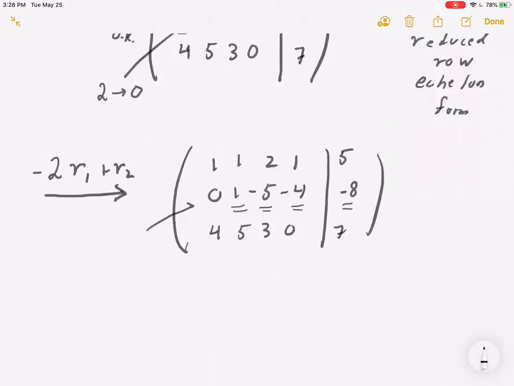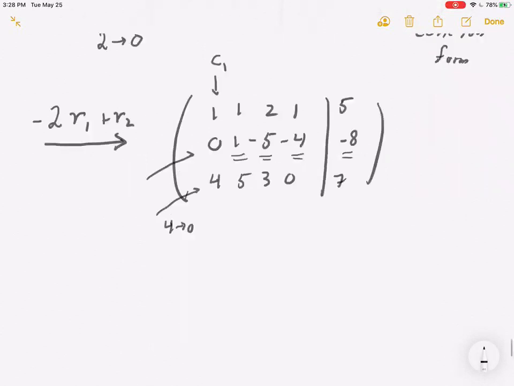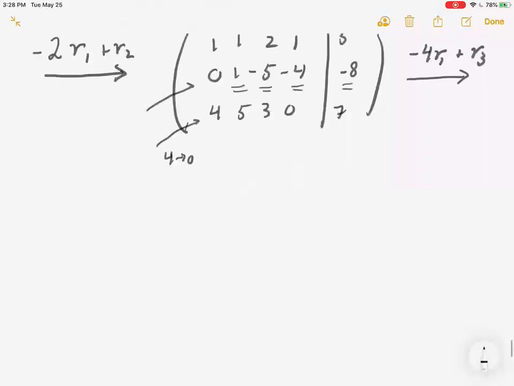The next thing you want to do is turn the 3, 1 matrix element into 0. Because that way, column 1 will have a leading 1 and all the other matrix elements will be 0. So what's the way to do that? Take a Xerox copy of row 1, multiply it by -4, and add that to row 3.